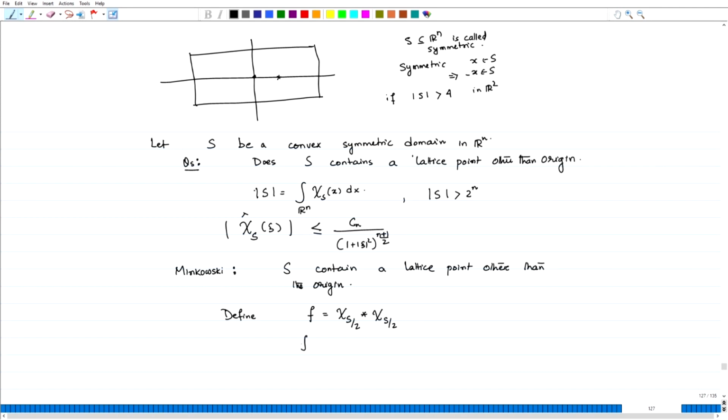Therefore, f of 0, if we are computing, is going to be the integral over R n of chi of S by 2 of x times chi of S by 2 of minus x dx, which is equal to the integral of chi of S by 2 of x squared dx.